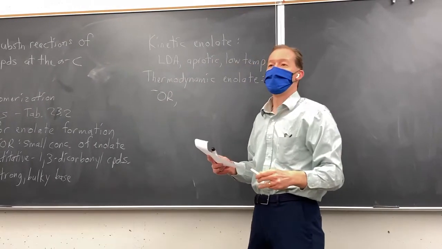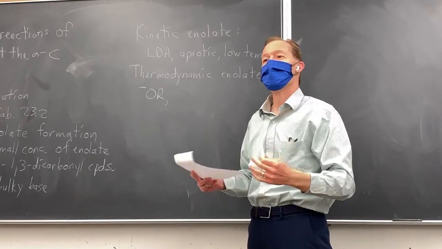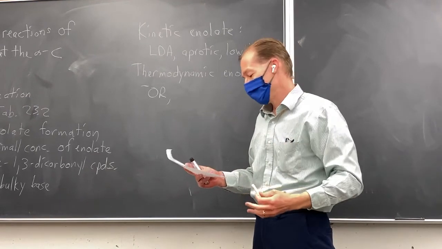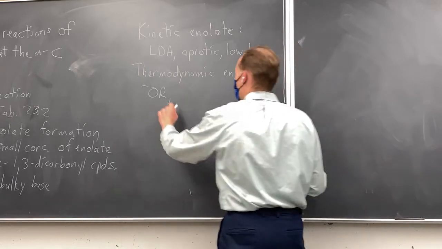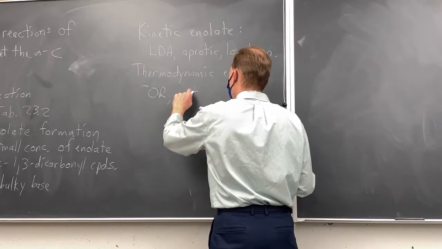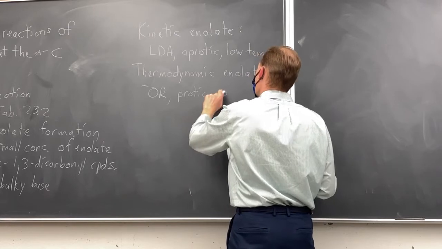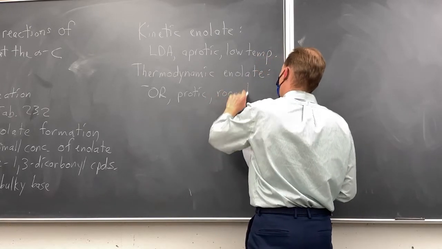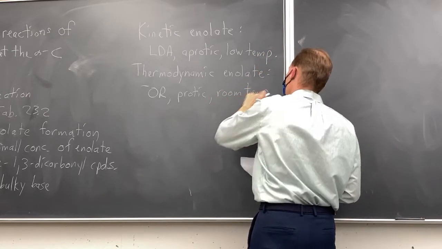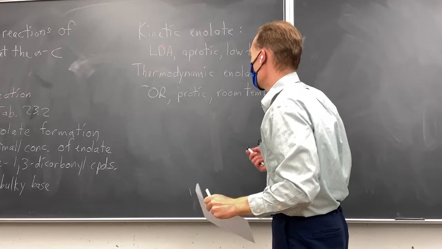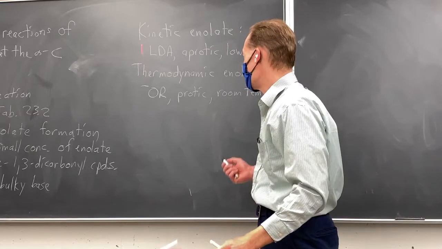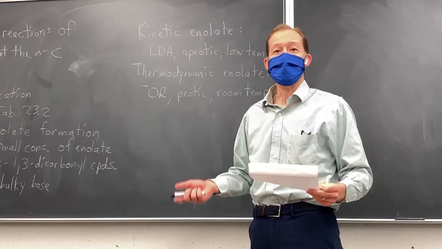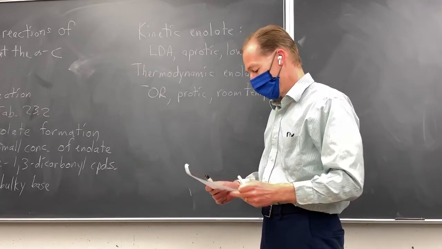We want to use our alkoxide bases, our bases that only generate a small amount of enolate and leave a large amount of that carbonyl compound remaining. We want a protic solvent, and we run the reaction at room temperature as opposed to a lower temperature. So understanding the reasoning for these reaction conditions is important.